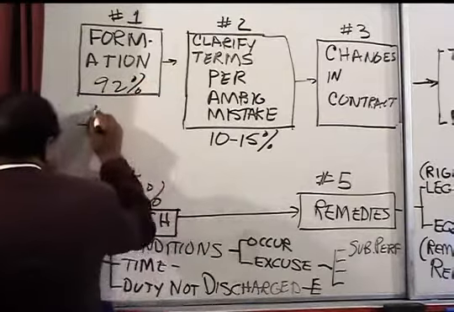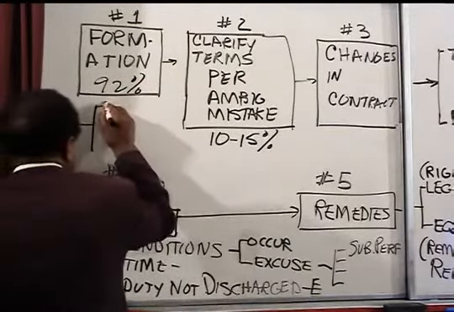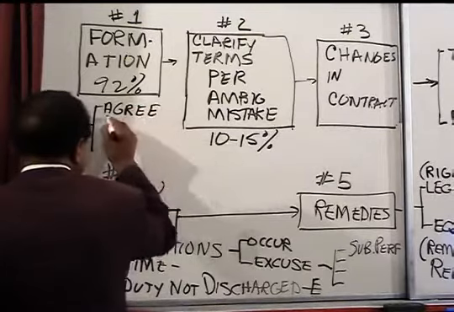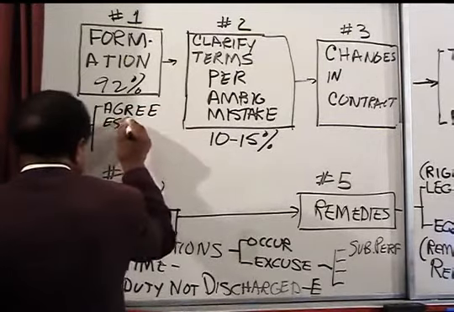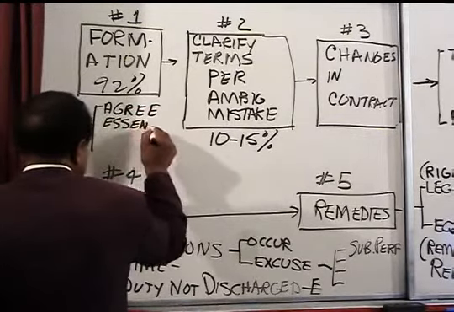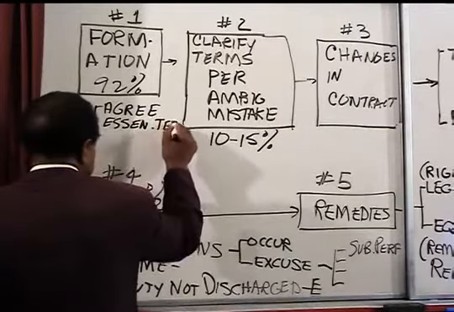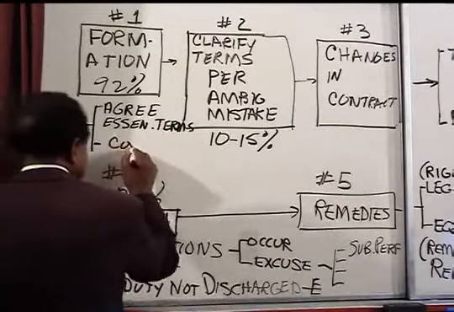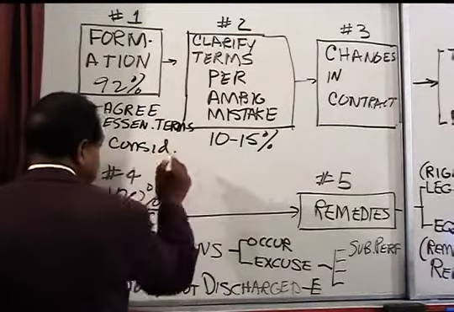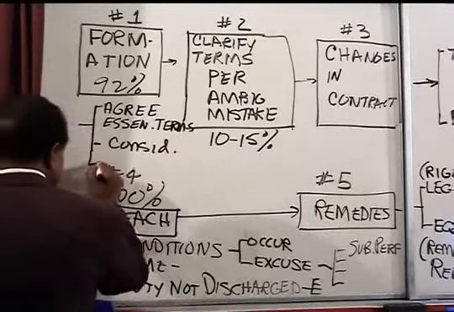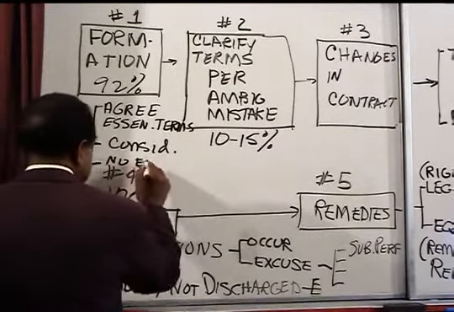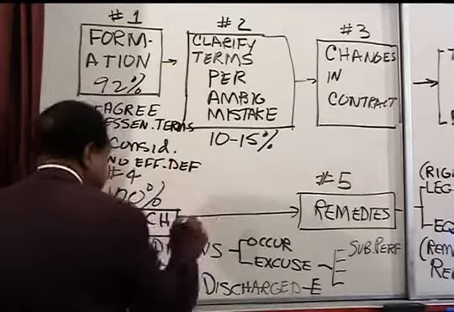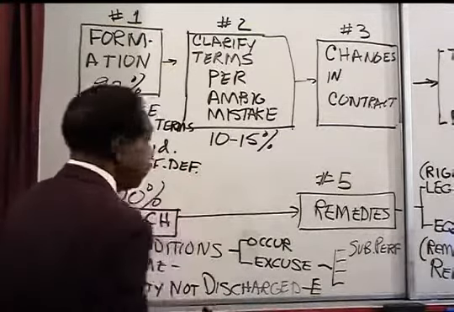Formation of a contract requires agreement on the essential terms, consideration must be part of a bargain, and no effective defenses. 3 things to form a contract.